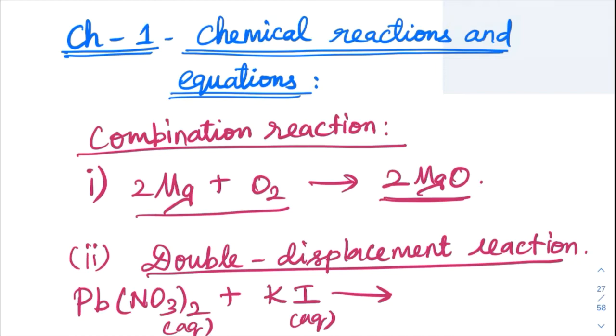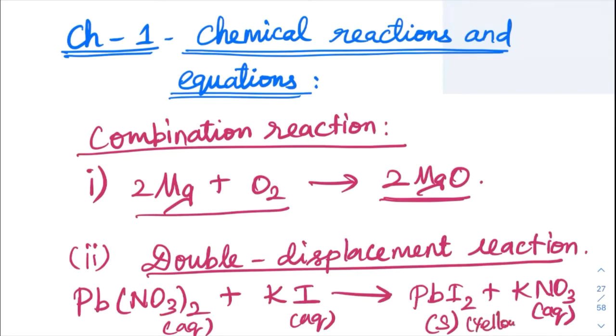And they combine together. Exchange of ions happens to form what? Lead iodide, PbI2, and then potassium nitrate, KNO3. Here potassium nitrate is obtained as an aqueous solution and lead iodide is nothing but the precipitate.